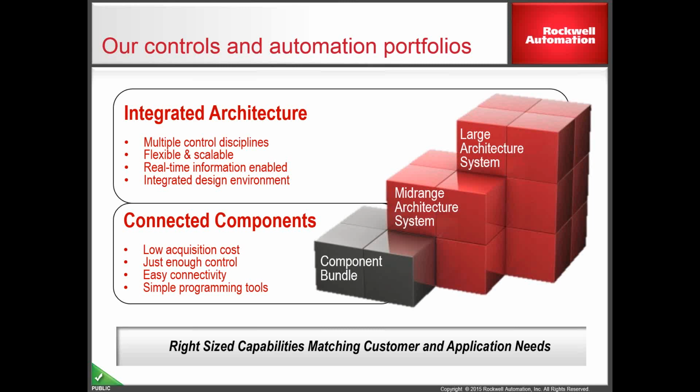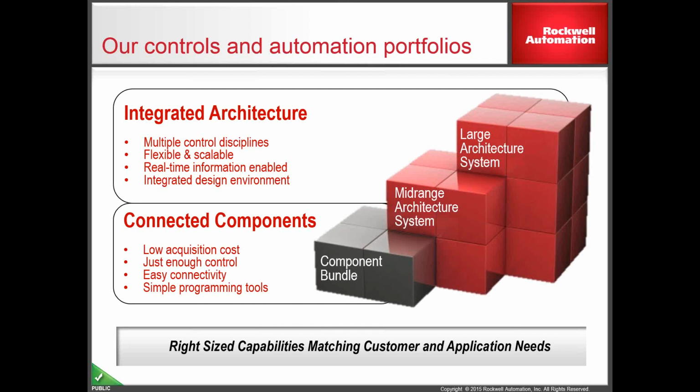It has real-time information enabled, and all the controllers and all the drives are EtherNet/IP enabled, which gives you seamless integration. And then it has integrated safety, and there is a design environment, Studio 5000, which gives you the complete engineering side of it.